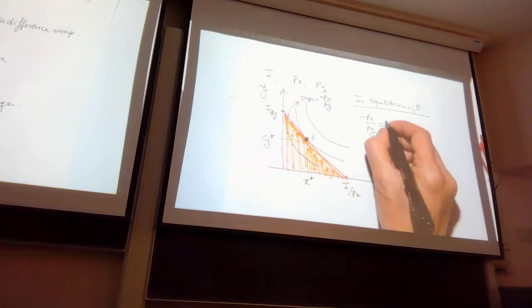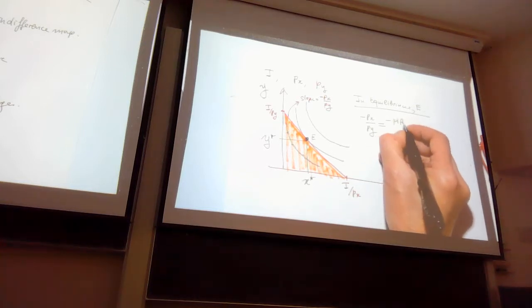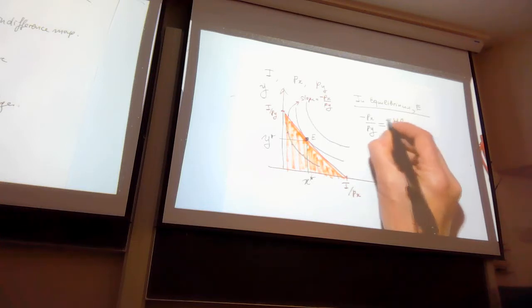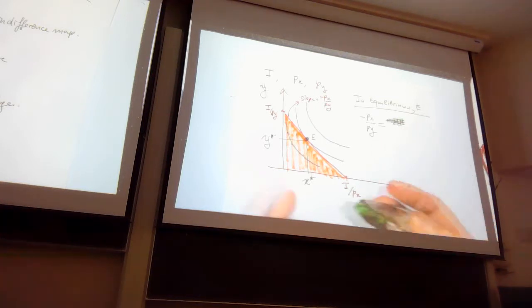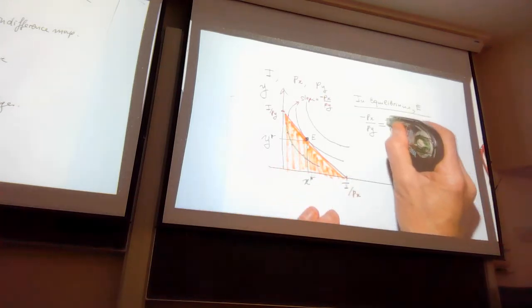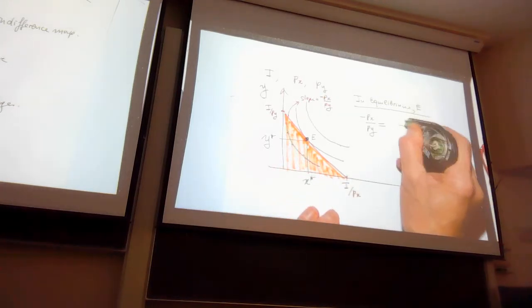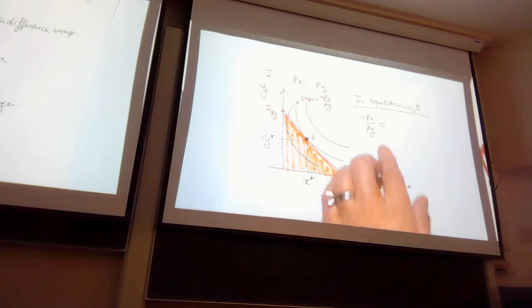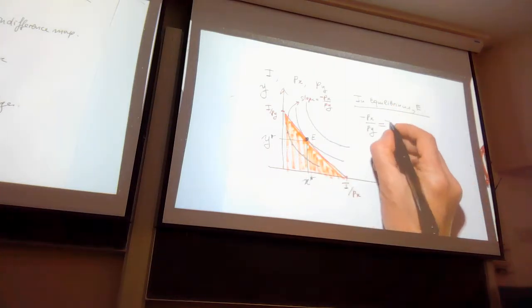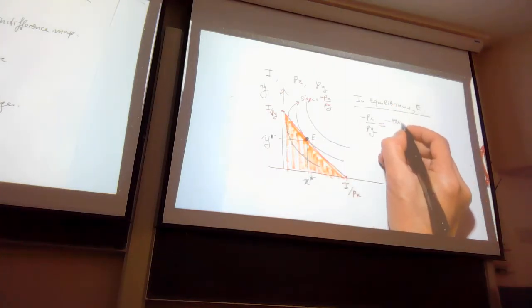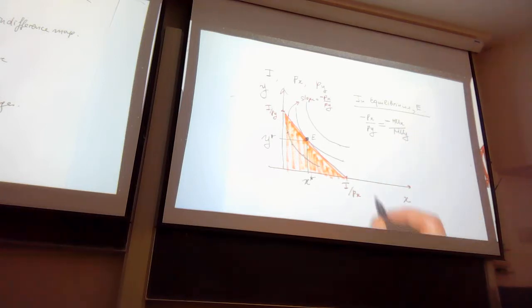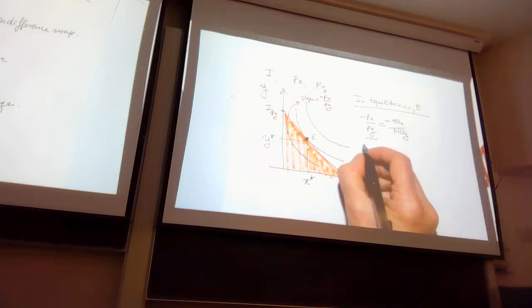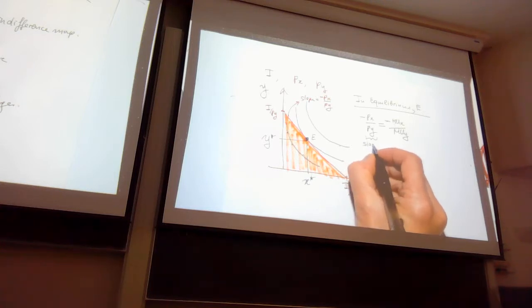What is that? Minus marginal rate of, okay, I'm sorry. I get too excited. My hand moves even faster than my mouth and my mind. Okay, so it's minus marginal utility of good X over marginal utility of good Y. So what is this? Slope of budget constraint.